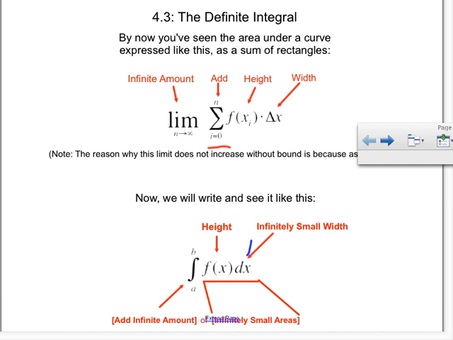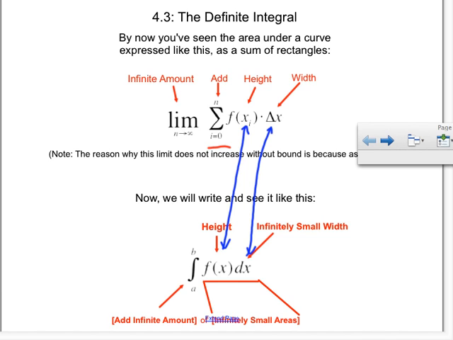The dx is sort of an infinitely small width because we're dealing with infinitely many rectangles. The delta x becomes sort of like a dx. F of x is the height of each infinitely skinny rectangle, sort of exactly like f of x sub i that we had before.